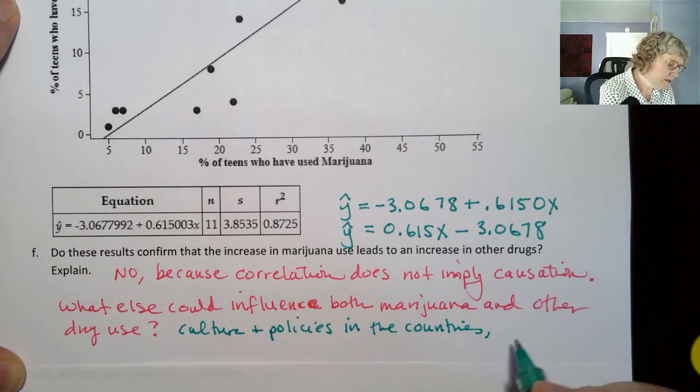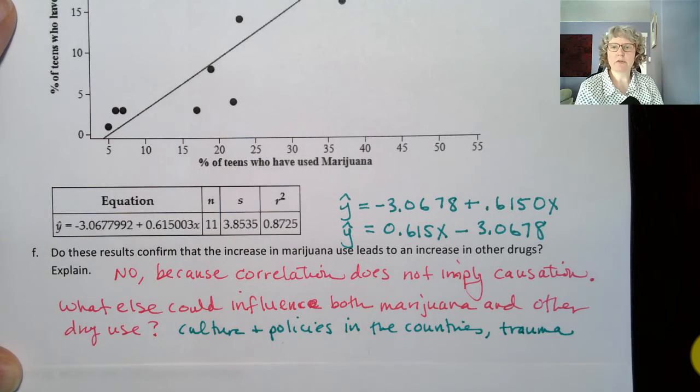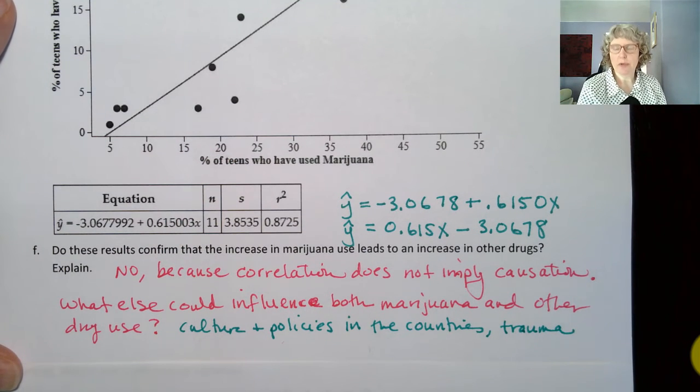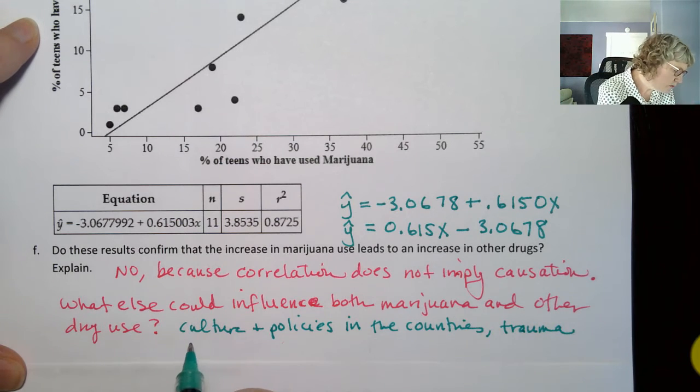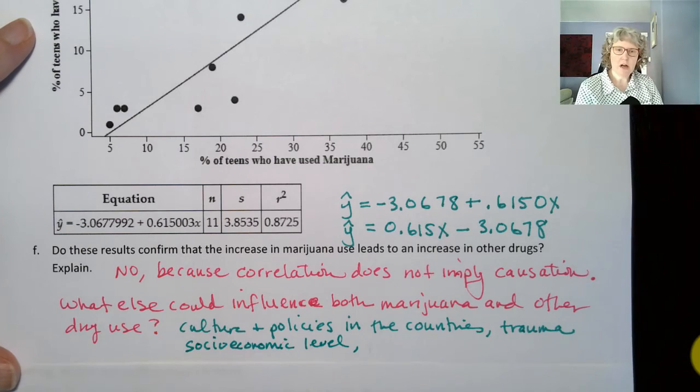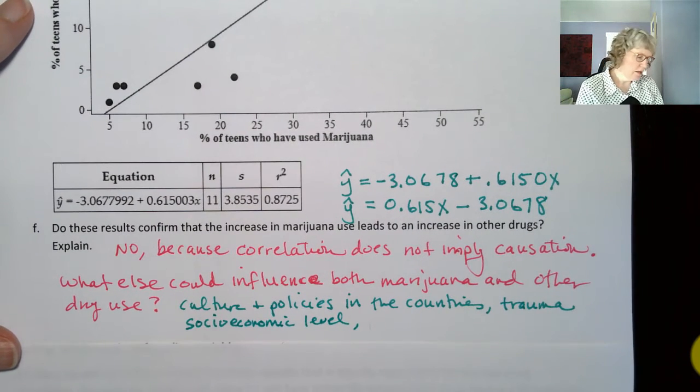What about, as far as individuals, what about trauma? I think there's a big relationship between trauma and looking for coping mechanisms such as drug use. So trauma, maybe socio-economic level. I don't know if that's related or not. It actually may not be.